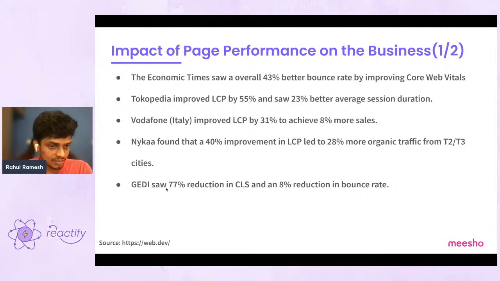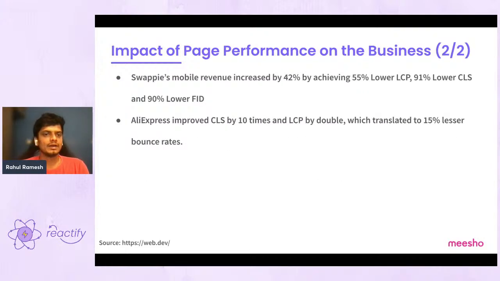Similar to that, GEDI saw a 77% reduction in CLS, which resulted in an 8% reduction in the bounce rate, right? Similarly, we have two more cases where they have directly mentioned that their mobile revenue increased by 42%, right?